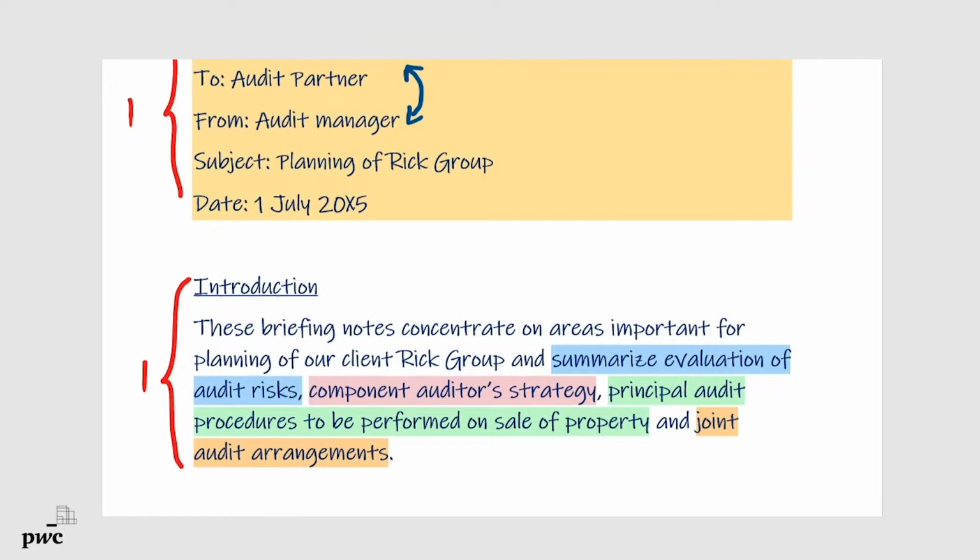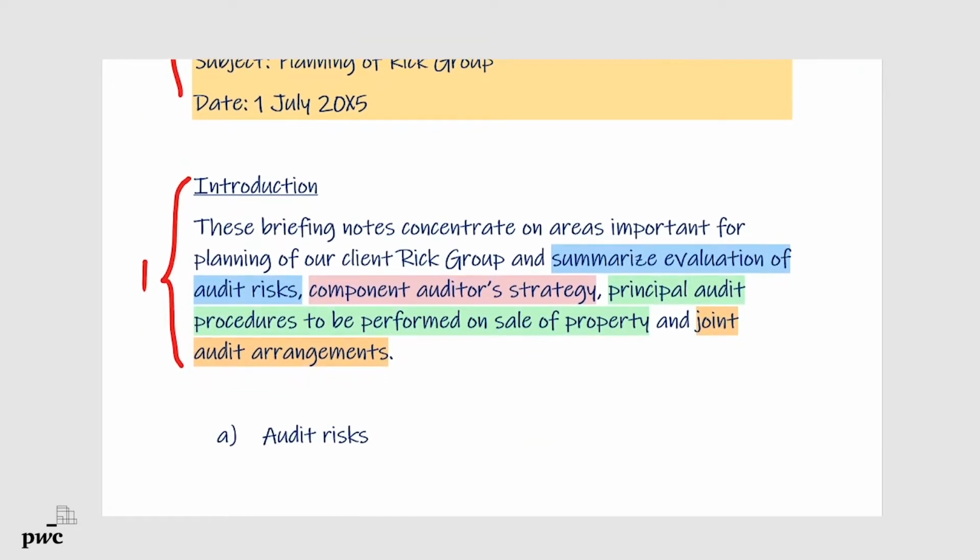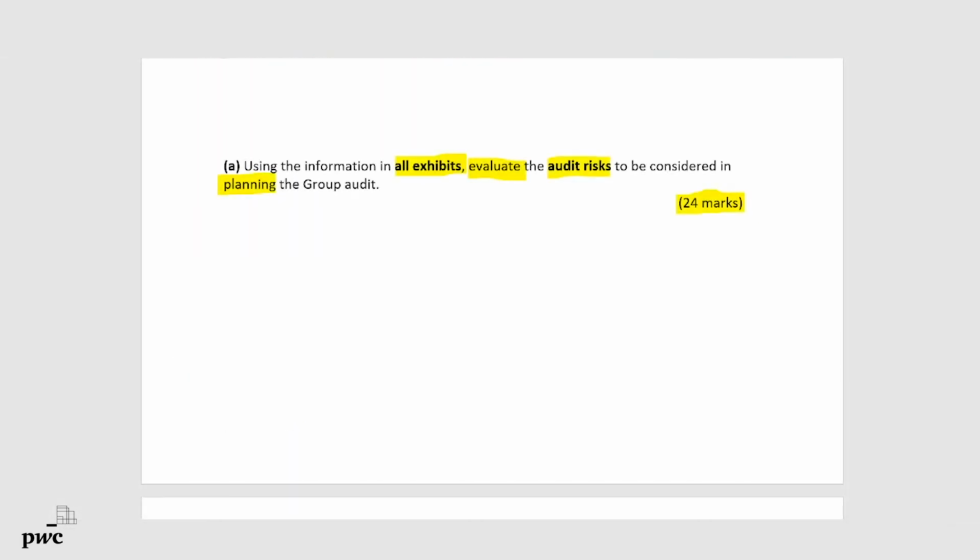So we have to move on and make a heading for requirement A, and in our case, it would be audit risks. The value of requirement A is 24 marks, which makes it the most important requirement from question 1. Traditionally, it represents risk assessment at the planning stage of the audit.